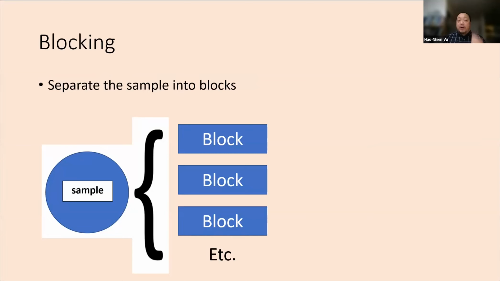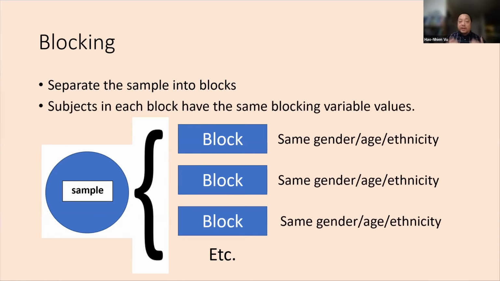The process of blocking means we take the sample and we separate them out. We separate the samples into blocks, where within each block, the subjects in each block will have the same blocking variable values. So in block number 1, they all have the same gender, age, and ethnicity.